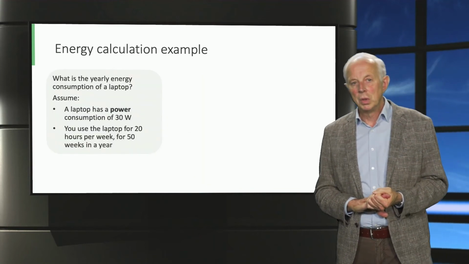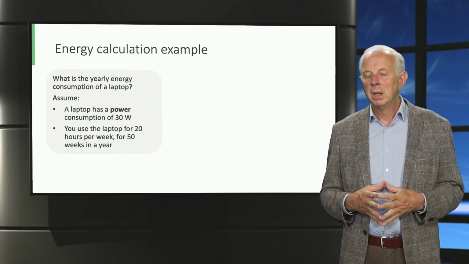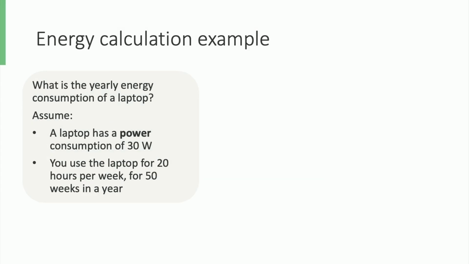But let me also show why the kilowatt hour is such a convenient unit. Assume you have a laptop with a power consumption of 30 watts, and you want to know how much energy it has used over a year. And remember, energy is equal to power multiplied by time. We assume that every week you use the laptop for 20 hours and that it is used for 50 weeks per year.